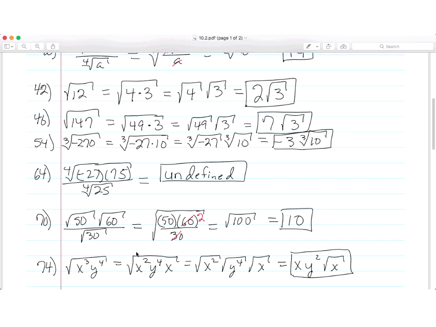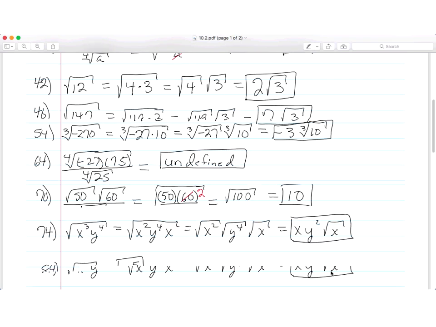So the square root of x squared is x. The square root of y to the fourth is y squared. And we have times the square root of x. And so the square root of x cubed y to the fourth is just x y squared times radical x.